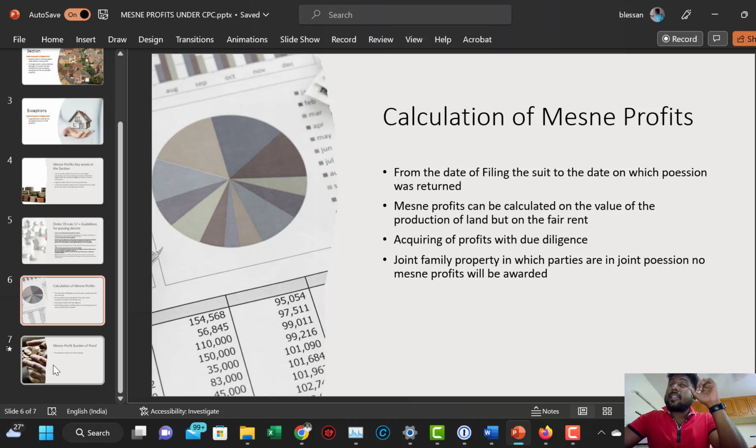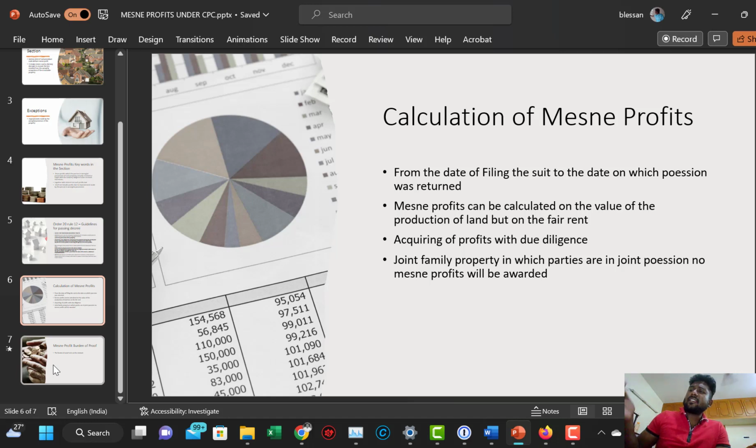And there are also cases where Mesne Profits are not given. That is the beauty of law: there is something for both people, both the one claiming Mesne Profits and the person on the other side, who is also given a chance to defend himself.